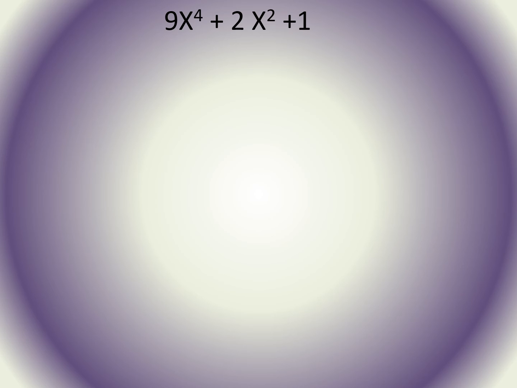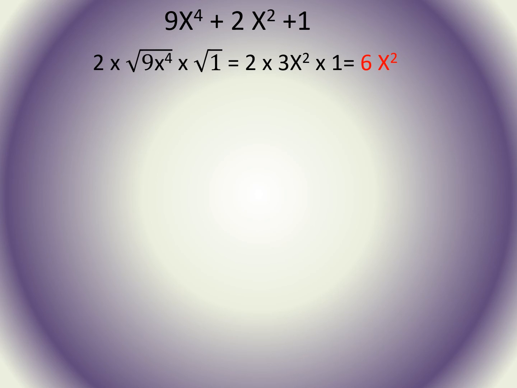Then we will find the added term like this. 2 times the square root of the first term times the square root for the second term equals 2 times 3x power 2 times 1 equals 6x power 2. Then we will add it to the main expression and we will subtract it again like this.